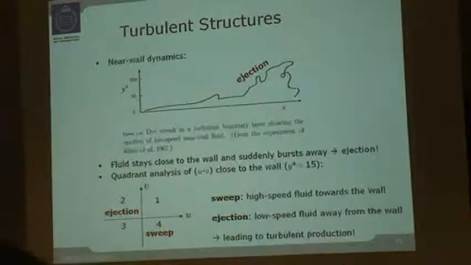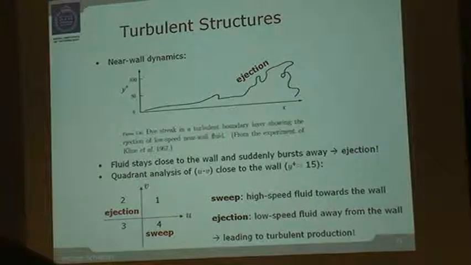And one way to quantify these ejection motions, or also the sweep motion, which corresponds to the opposite behavior, is shown here in the so-called quadrant analysis, where you just plot all the events in a diagram, u versus v.